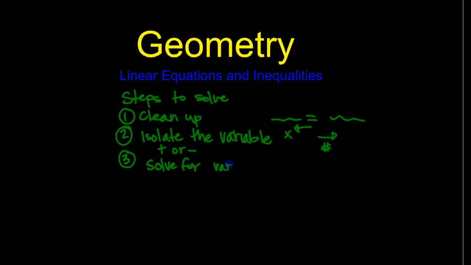So we'll look at the number that's in front of the variable, and we will see what we need to multiply or divide to get it isolated, to get it by itself. So we will be multiplying or dividing, depending on what we see with the equation.